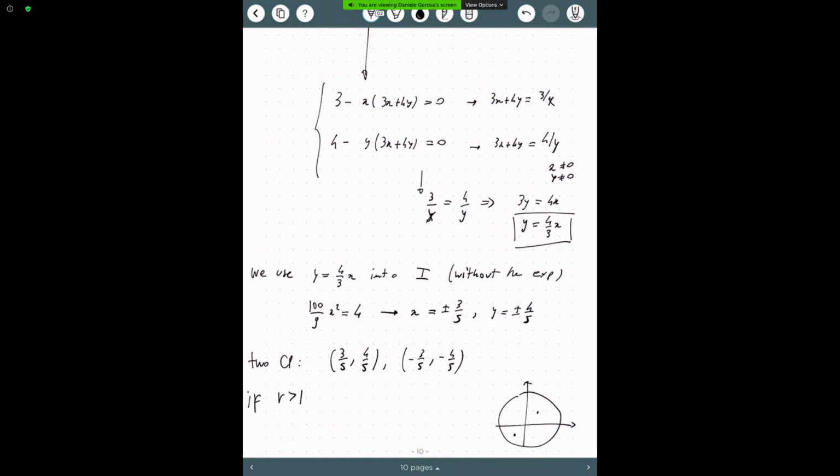So if r is strictly greater than 1, we have that the max of f is equal to f computed at 3 divided by 5 and 4 divided by 5, which is equal to 5 this, and the mean of f is equal to f computed at the other point, right? Which is minus that value.